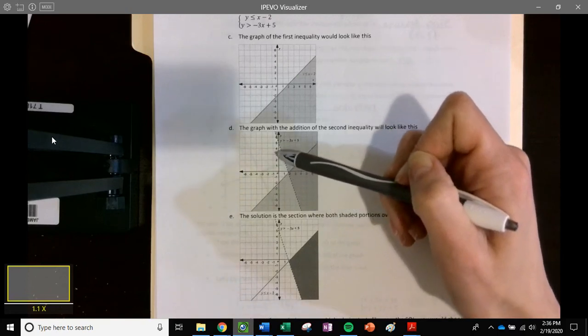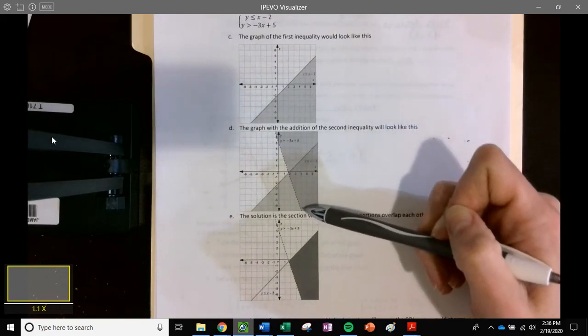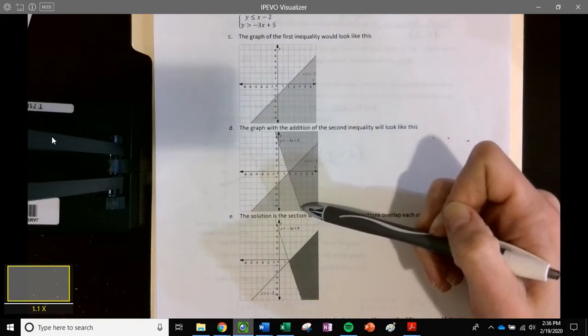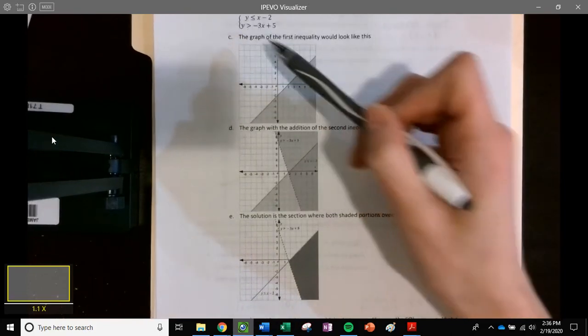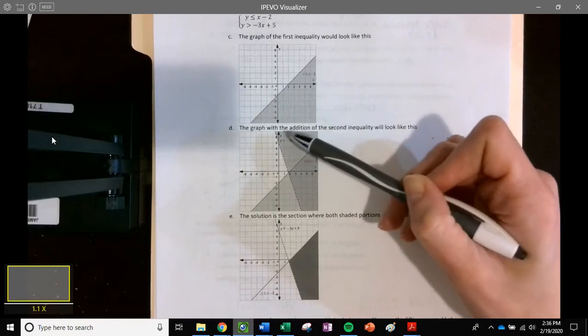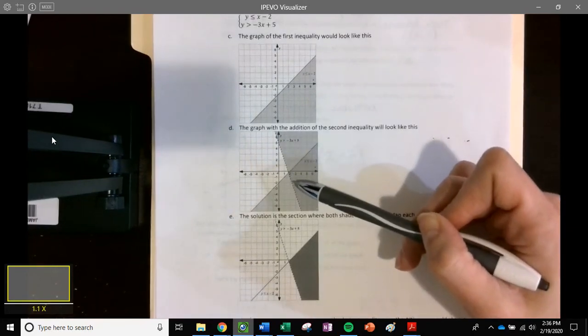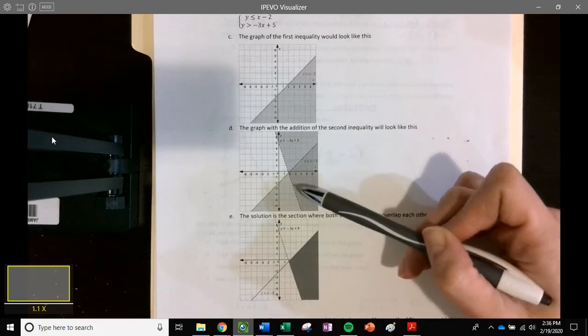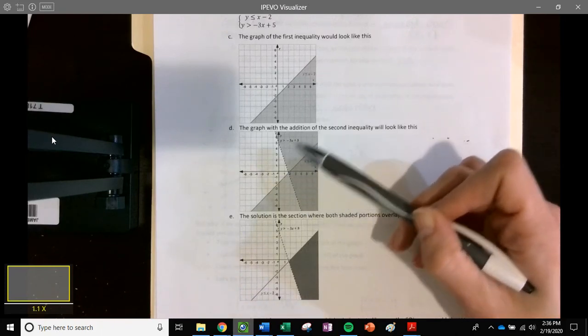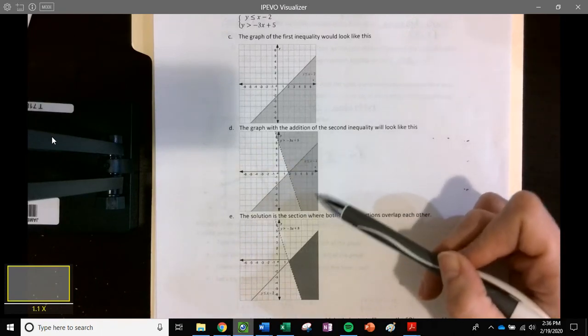This is the line for negative 3x plus 5. It's a dotted line because it's only greater than, just like the open circle on the number line. It's a dotted line indicating that there's no equal to portion. And since y is greater than, then it's all the values above that line that are shaded in.